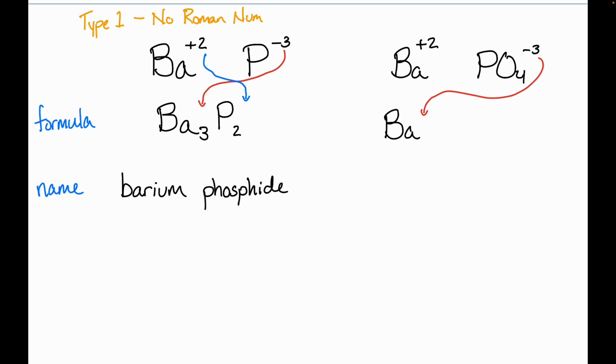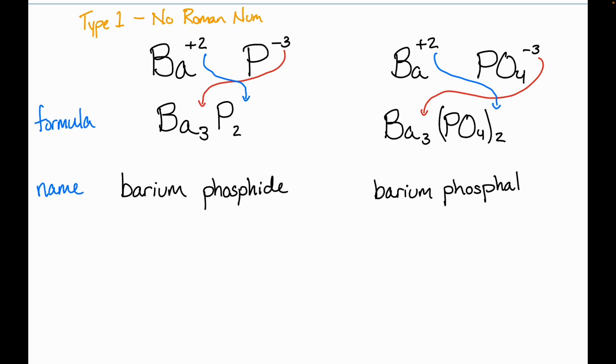So then I have Ba3, PO4, and I'm supposed to have 2 of them. How do I indicate that I have more than 1 polyatomic ion? Parentheses. Awesome. Boom. Cool. And so this wouldn't be barium phosphide, but barium phosphate. PO4 is the phosphate ion.